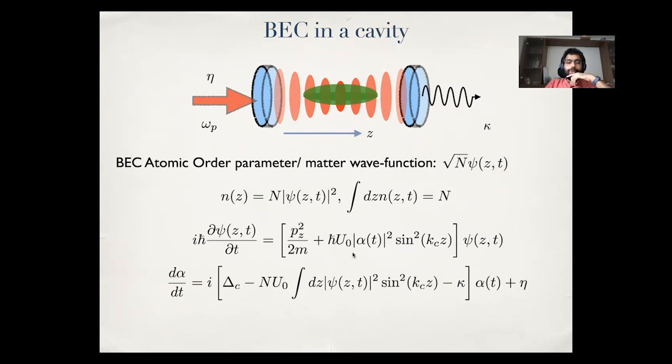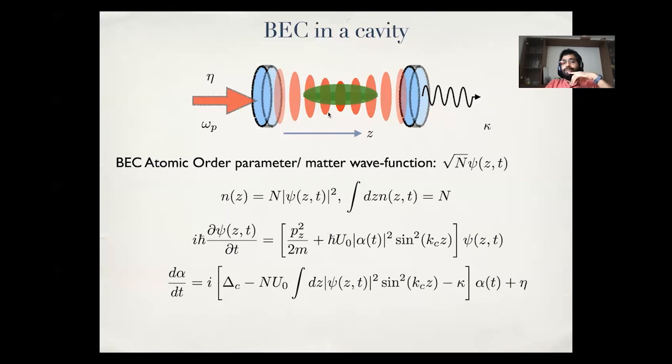Now, the interesting point is that this photon number or the electric field inside the cavity, this is the mean field, mean electric field is alpha. This mean electric field inside the cavity is not a given static number, but really that actually also evolves with time. And it evolves with time because my atomic degree of freedom, so my Bose-Einstein condensate wave function, can actually be a function of time.